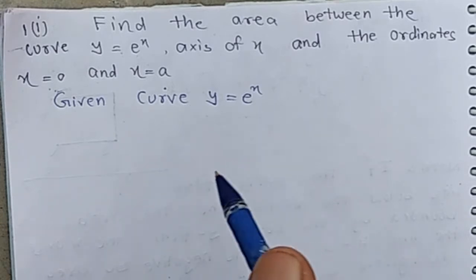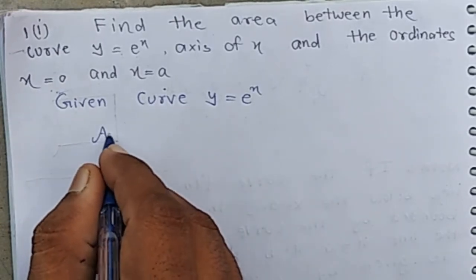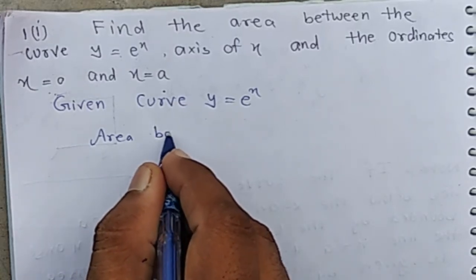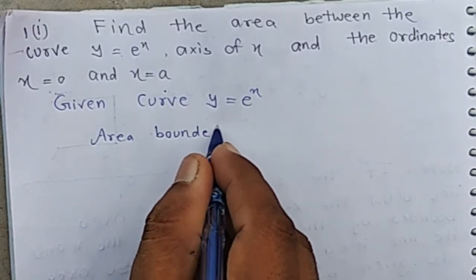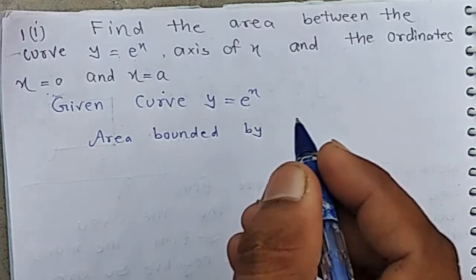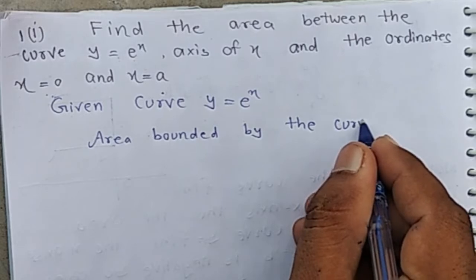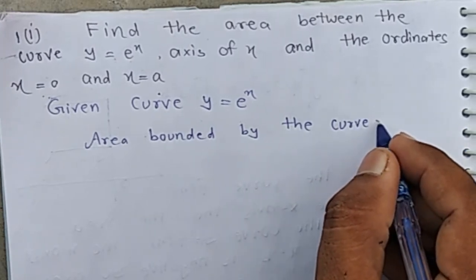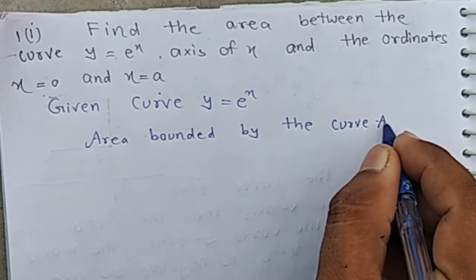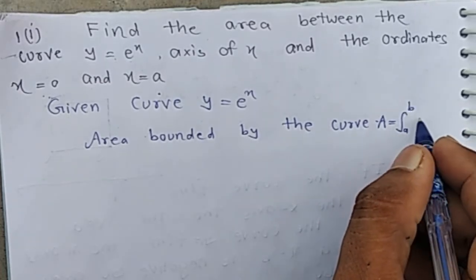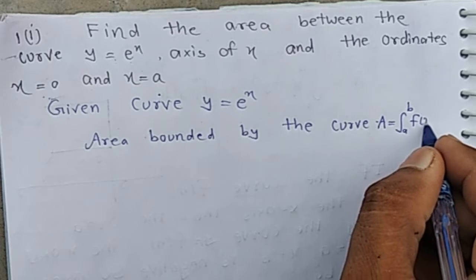Then given curve y equal e to the power x, the area bounded by the curve is A equal a to b f(x) dx.